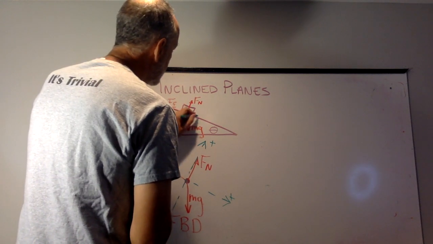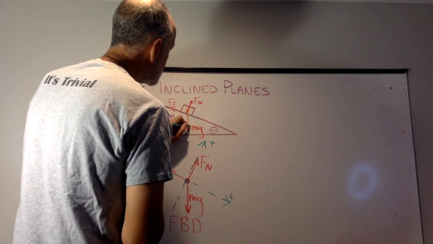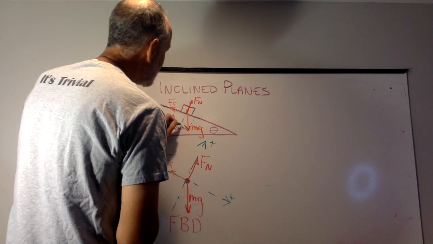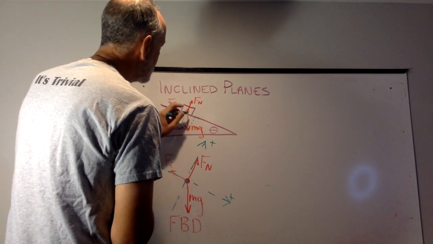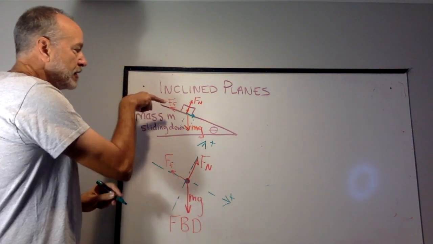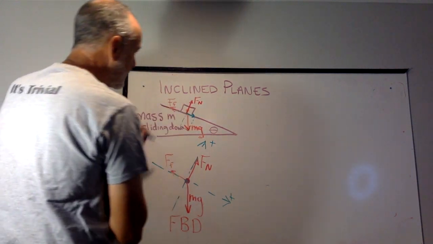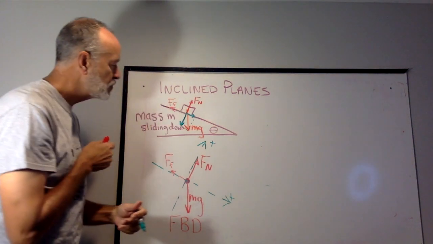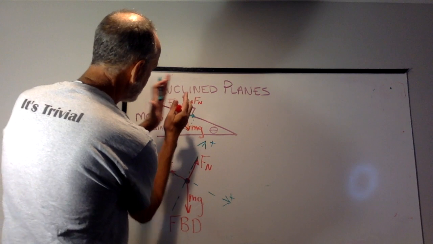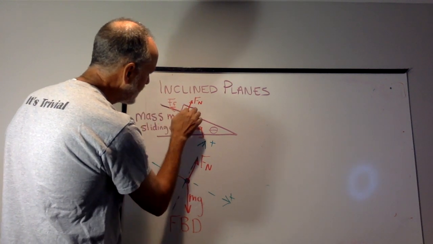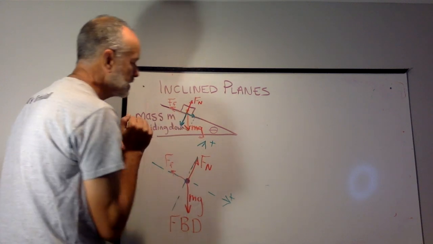Okay, if these are the coordinate axes, this here, if you can see it, would be the component of mg in that direction. You've got to really just tilt your head to see that this is what it is. If you tilt your head, you can see how far that is going down, how far that is going to the right.